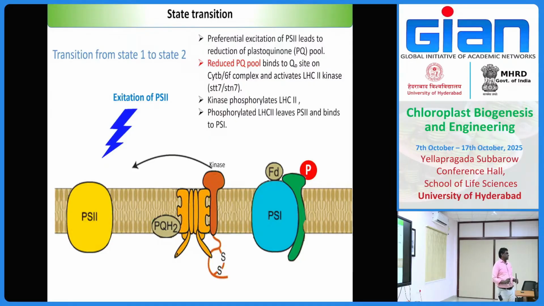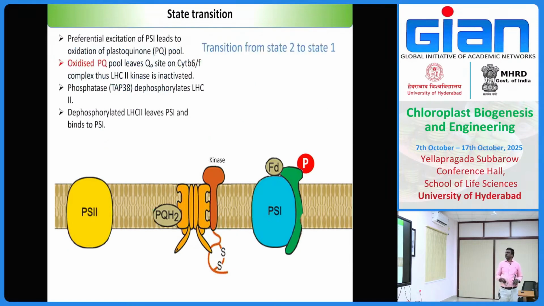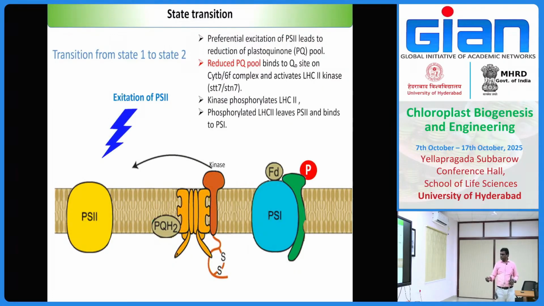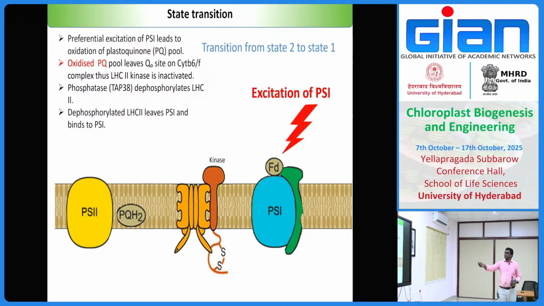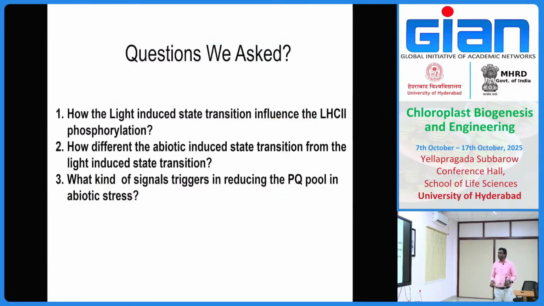In cyanobacteria, phycobilisomes will be there. Even in anoxygenic bacteria, this system is there. Now it has to migrate from state 2 to state 1. So it gets excited, goes back through dephosphorylation, binds the light harvesting complex and migrates to photosystem 2.